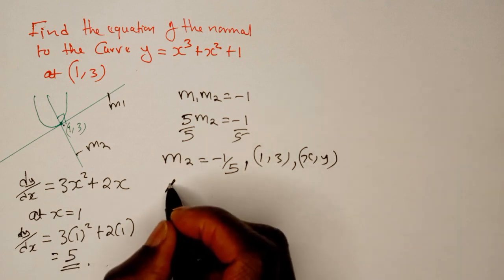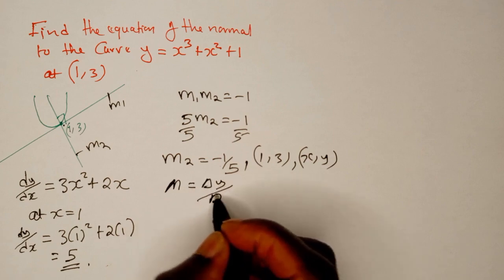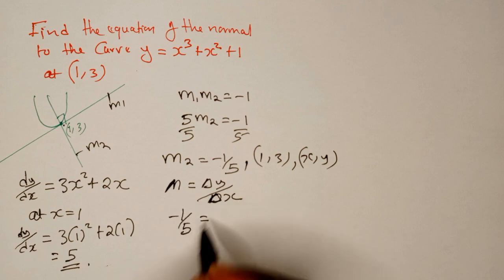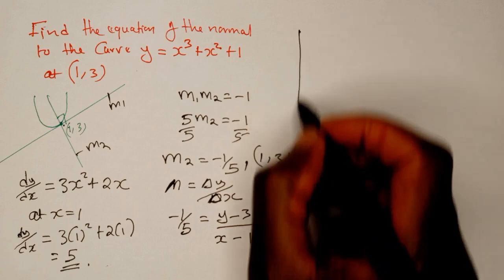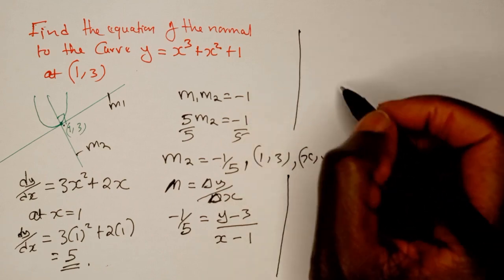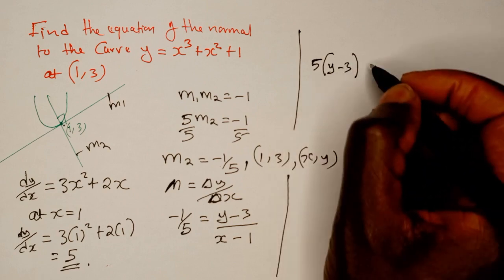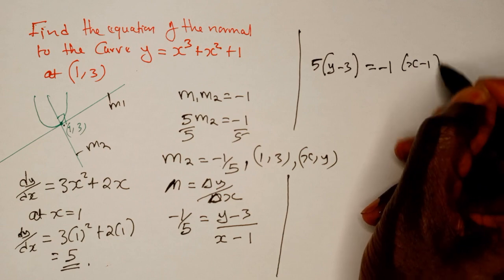So we say gradient is change in y over change in x. So our gradient is -1/5 is equal to, so we start with y, (y minus 3) over (x minus 1). So if you simplify this, we'll have 5 into (y minus 3) is equal to -1 into (x minus 1).